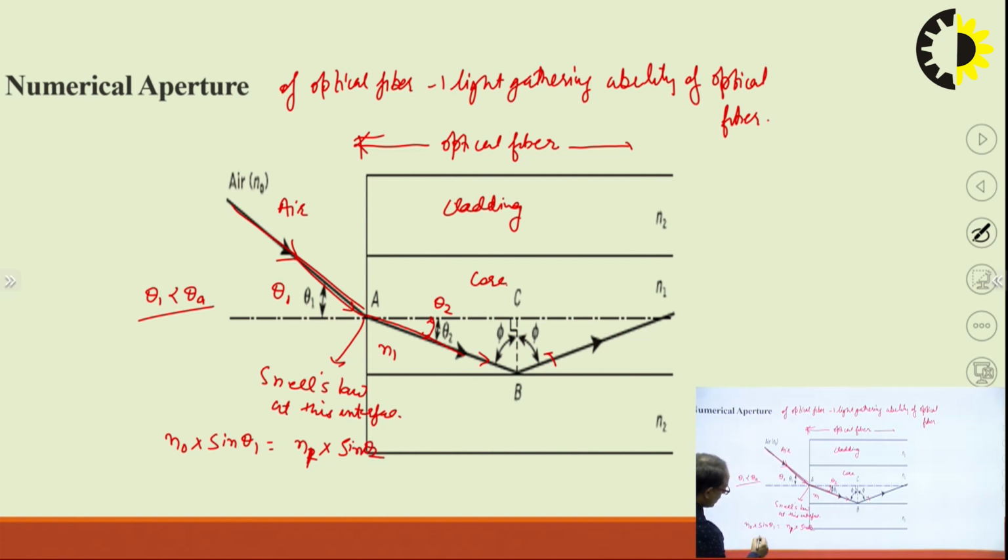So sin theta 1 is equal to n1 upon n naught into sin theta 2.